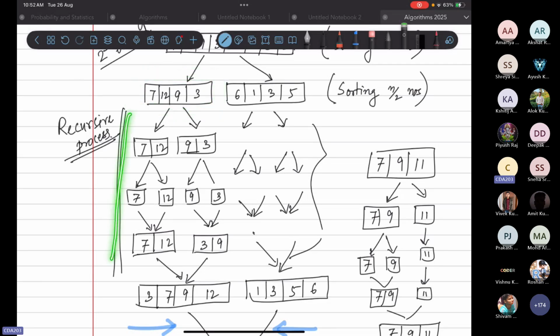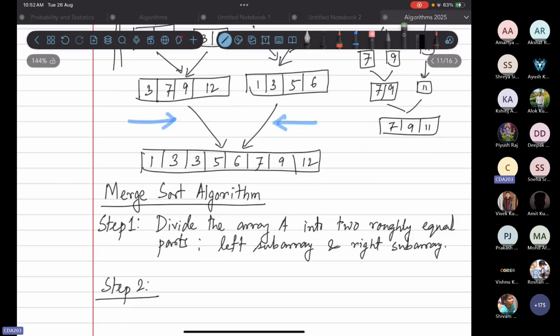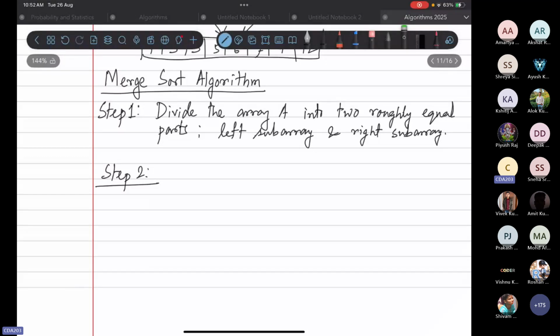That means the whole process. Solving this left subarray recursively means that I'm going from here to here. And what is the process that I'm using? The same process of merge sort.